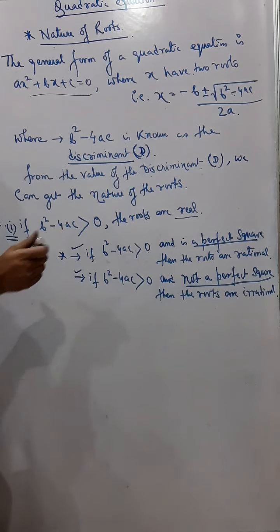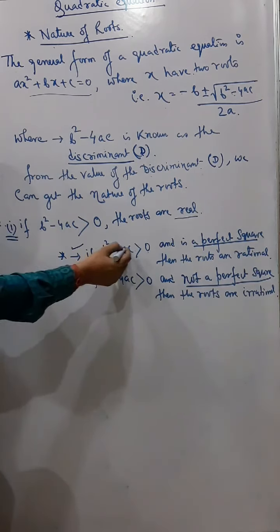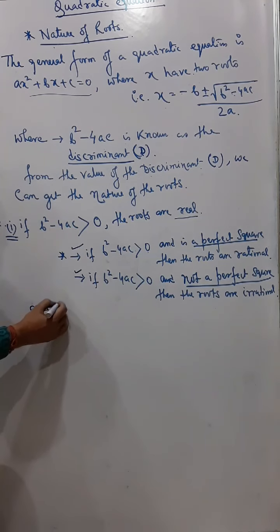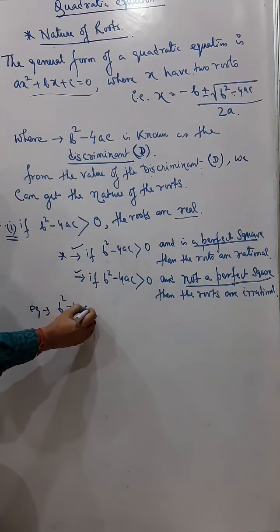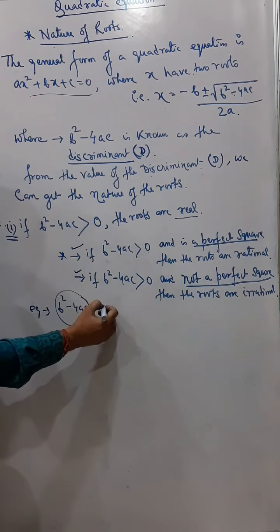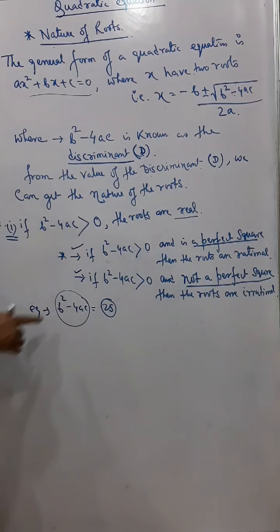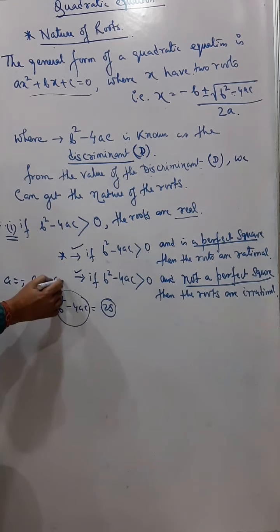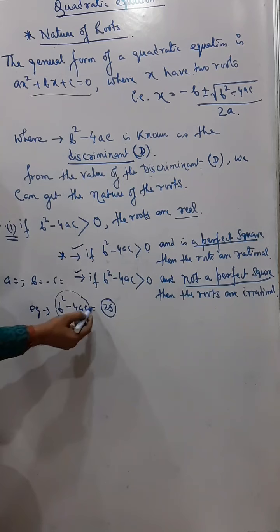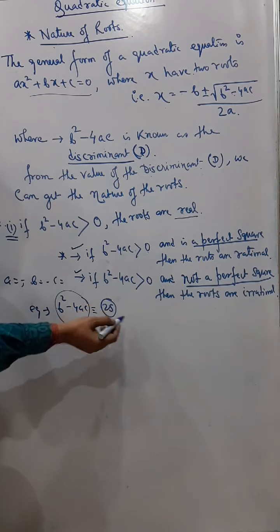So that means finally, if I get a certain value of b square minus 4ac, suppose for example, by putting the values after comparing with a is equal to something, b is equal to something and c is equal to something in an equation, and we get the value as 25, suppose.